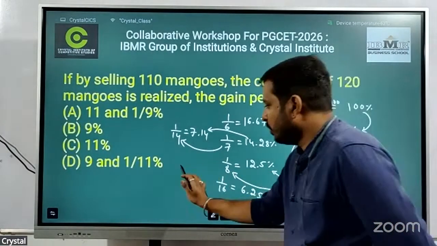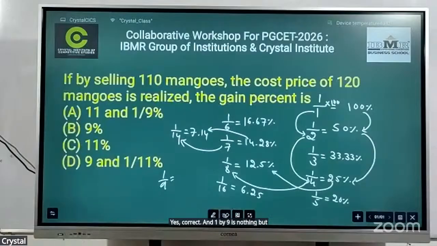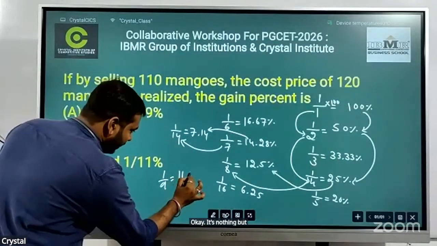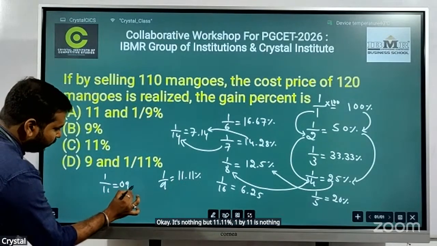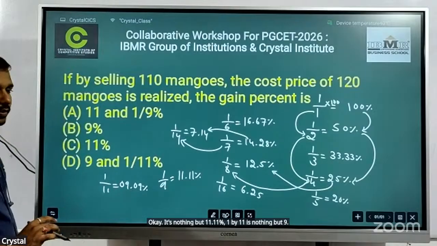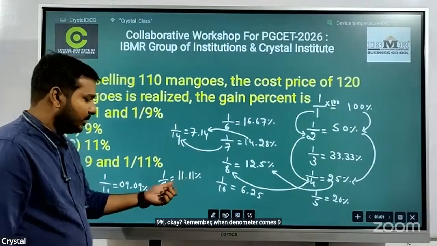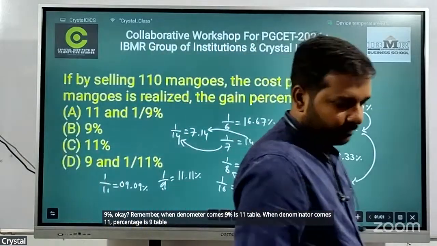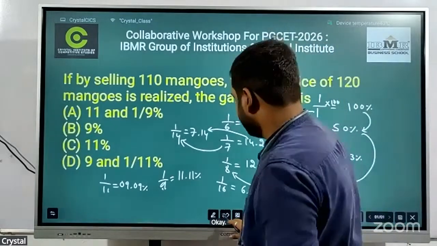And 1 by 9 is nothing but 11.11%. 1 by 11 is nothing but 9.9%. Remember, when the denominator is 9, the percentage is 11 table. When the denominator is 11, the percentage is 9 table.